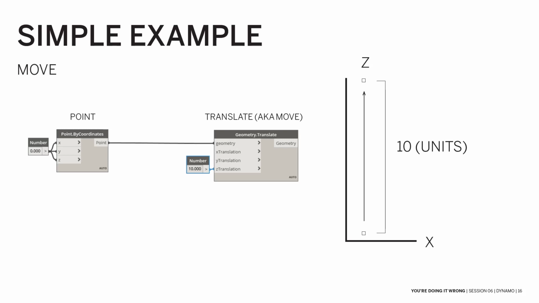So that's the thought process that you need to be working on. And because both of those points now exist, I can do things with both of those points. I can, for example, generate a line between them, or use those 2 points to anchor an adaptive component to them, etc. There's a bunch of different things you can do, but this really opens up your workflow that you're working with here.